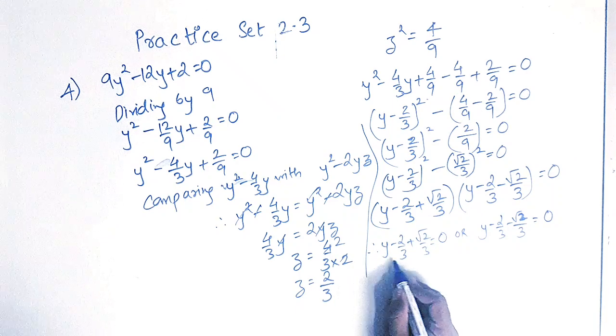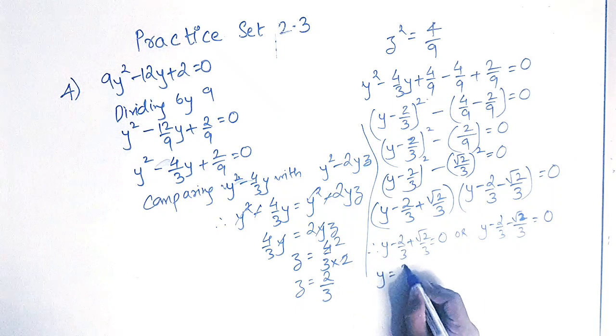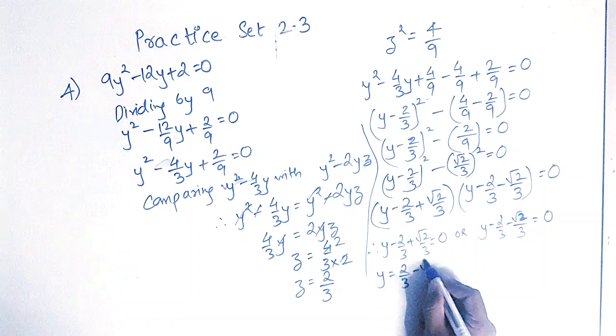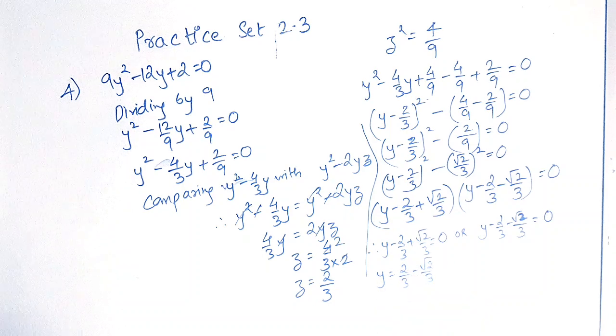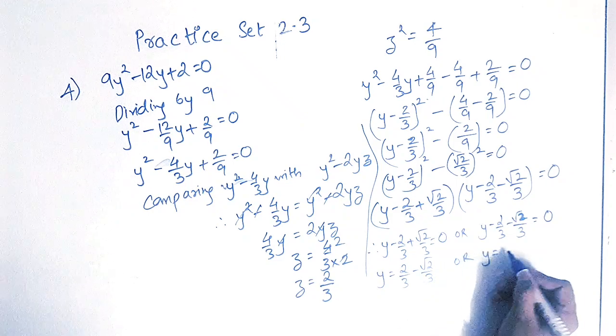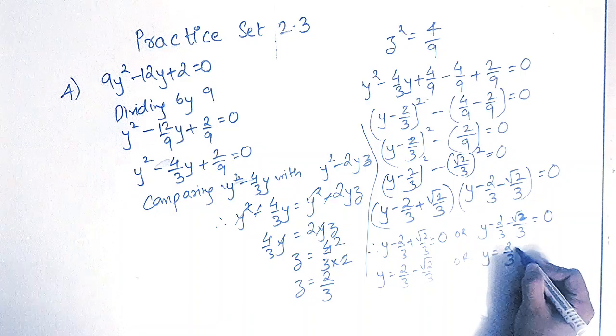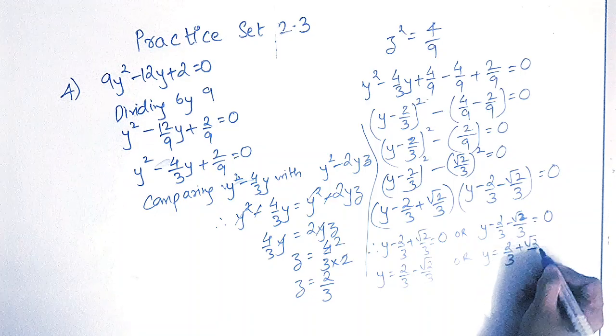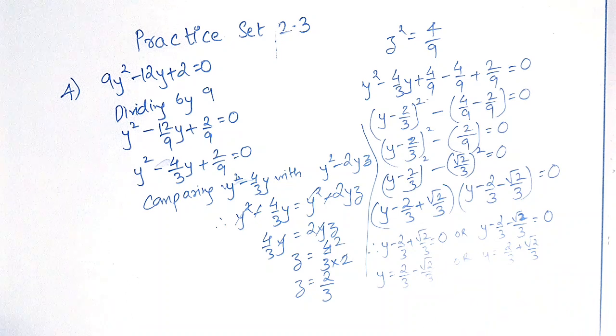Now if I send this there, y equals 2 by 3 minus root 2 by 3, or y equals 2 by 3 plus root 2 by 3. Both will become positive, the signs will change. So you have got the final roots, either y equals 2 upon 3 minus root 2 by 3, or y is equal to 2 upon 3 plus root 2 by 3.